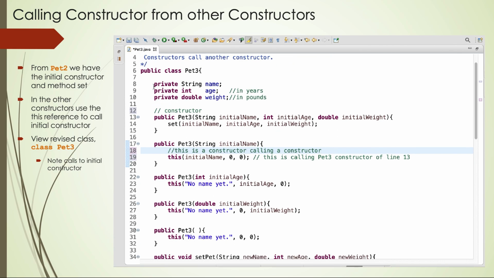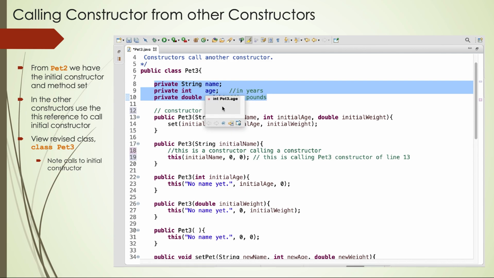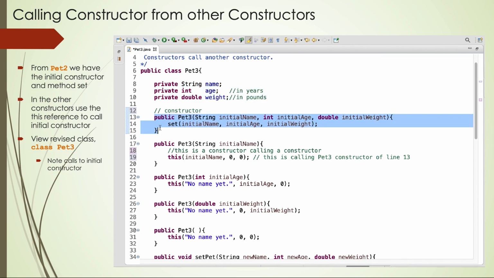As you see here, we have our instance variables, the same: name, age, weight, that are private, and we haven't initialized them here. Then we have our constructor, Pet3. As you see, it's a constructor because it doesn't return anything, and the name is the same as our class, Pet3.